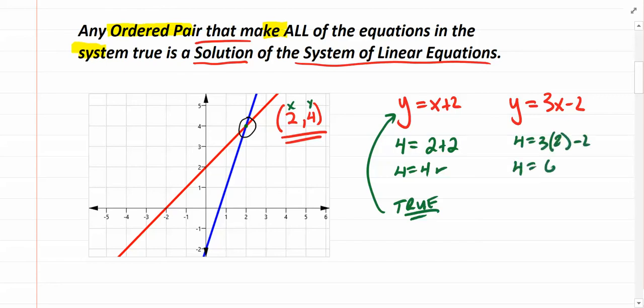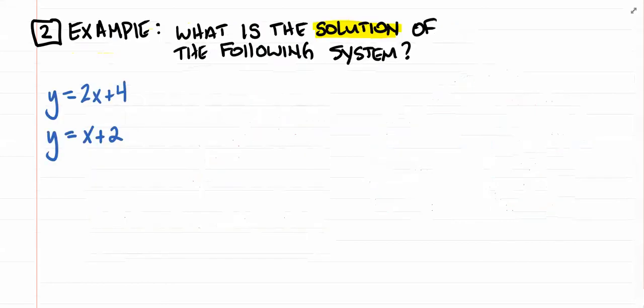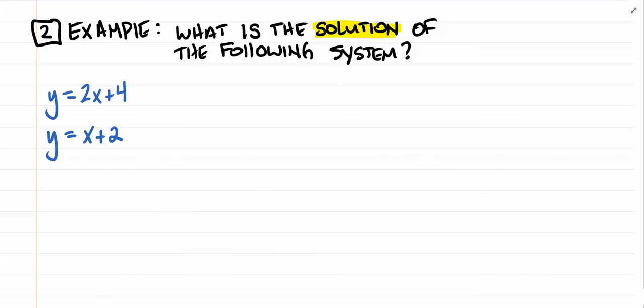Does 4 equal 6 minus 2? It sure does. 4 equals 4. So that's also true for this linear equation. So since the ordered pair 2, 4 is true for both of these together at the same time, it is considered a solution.